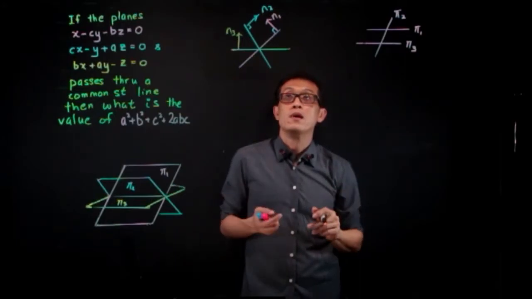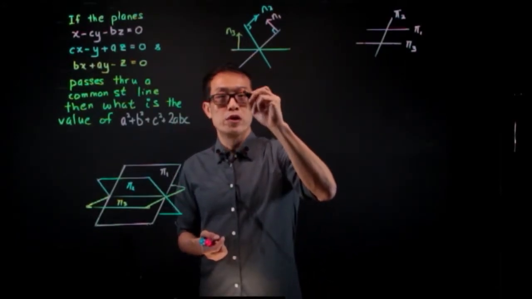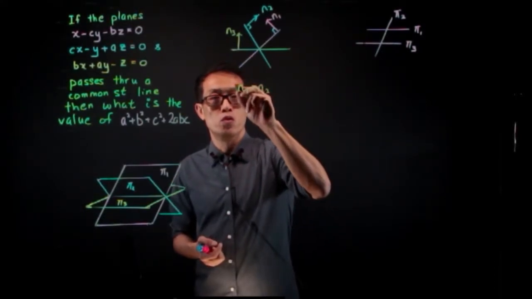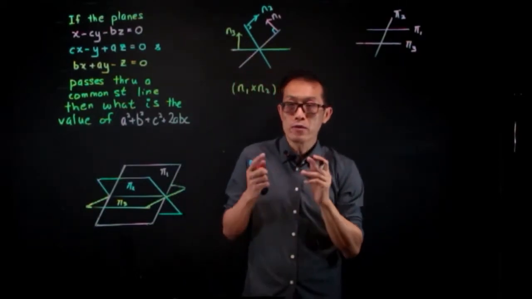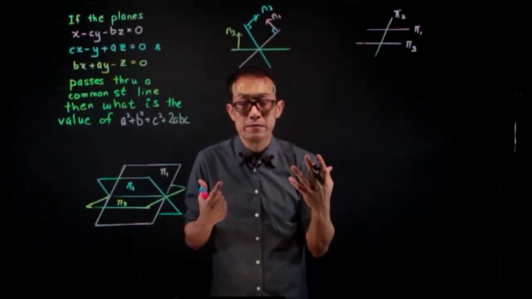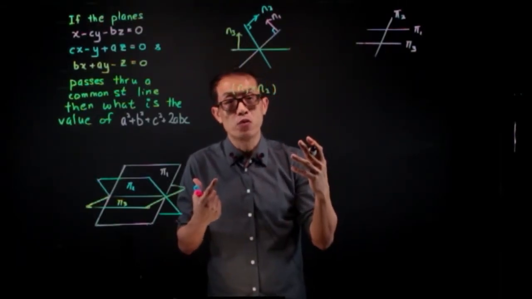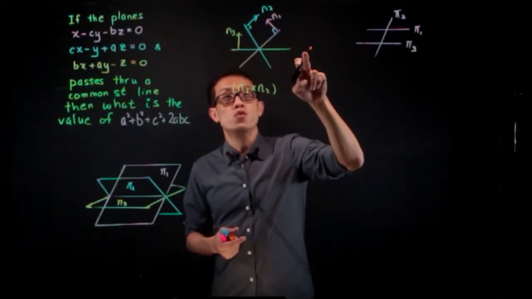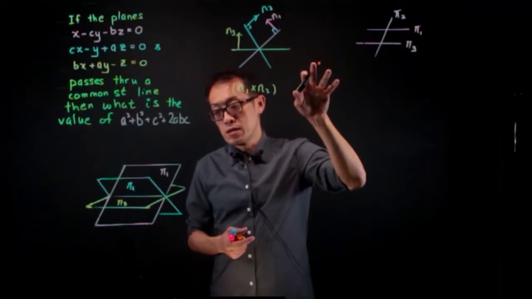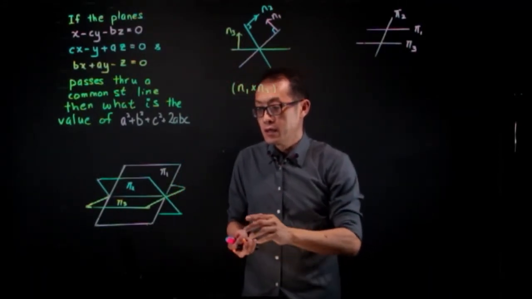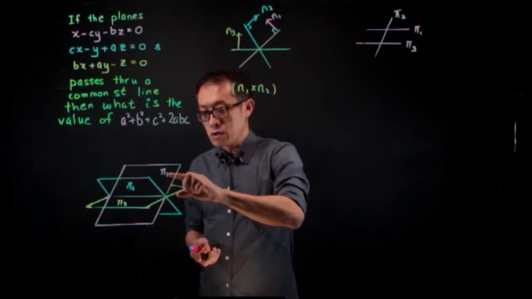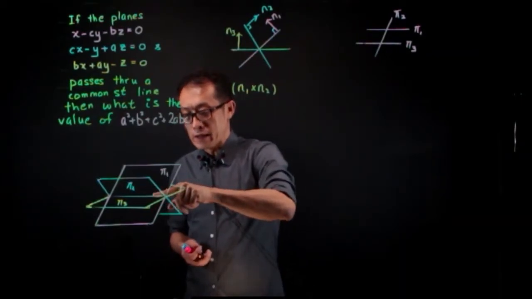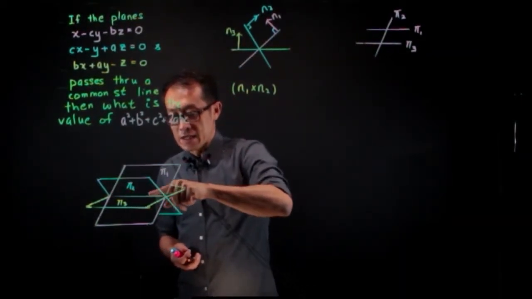Now, what will you get if you do a cross product of N1 cross N2? You will get a vector. This vector will be in the direction that is parallel to the three planes. You take any two planes, let's say plane 1 cross plane 2, and you will get a vector in this direction.